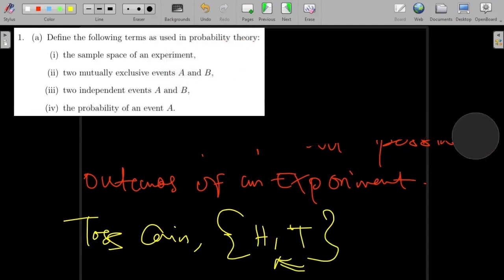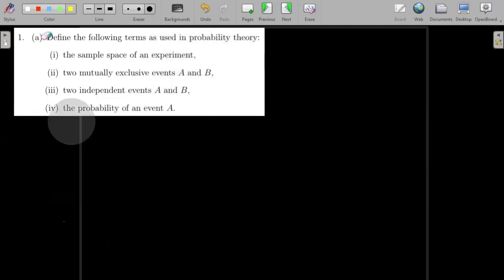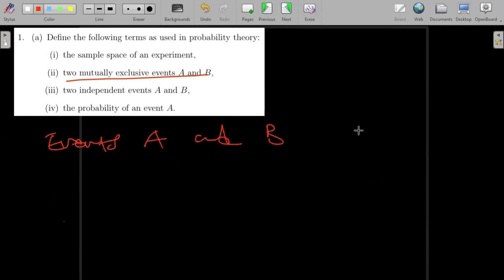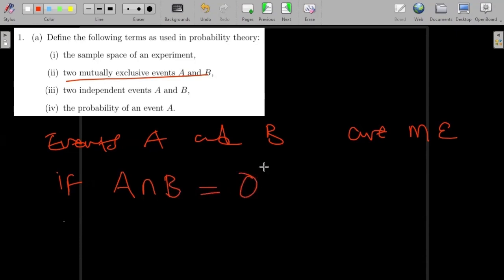And then let's look at mutually exclusive events. They're saying define two mutually exclusive events. We're going to say events A and B are mutually exclusive if their intersection is empty. So meaning if you get event A and then you intersect it with event B, what you're going to get will be an empty set.